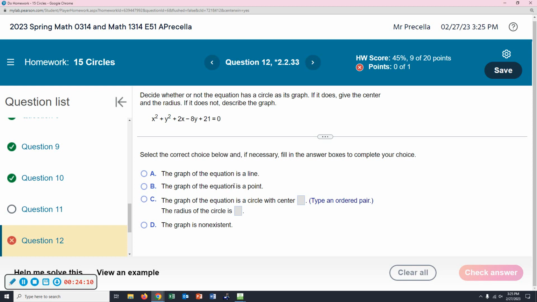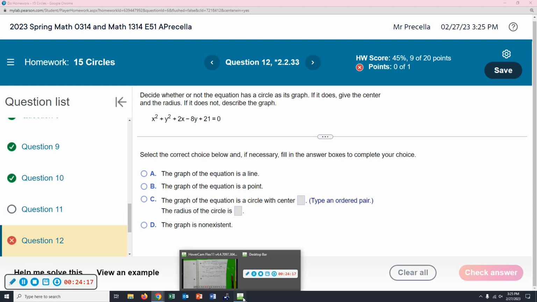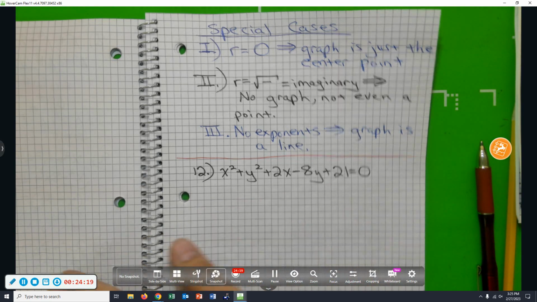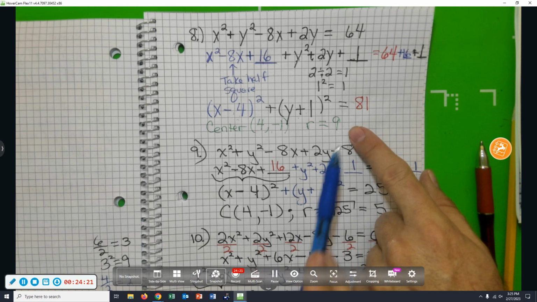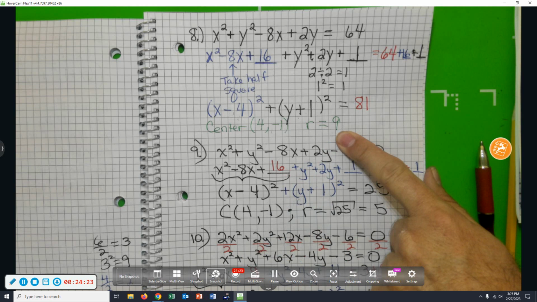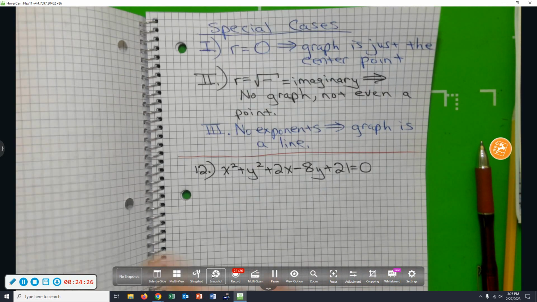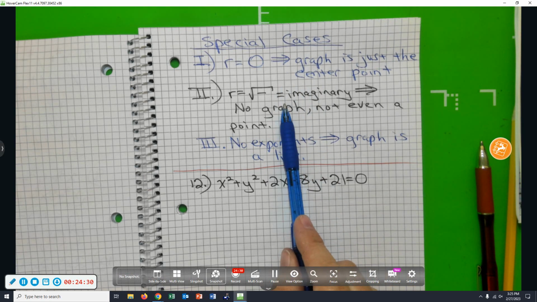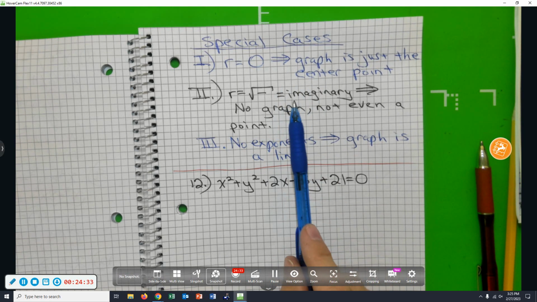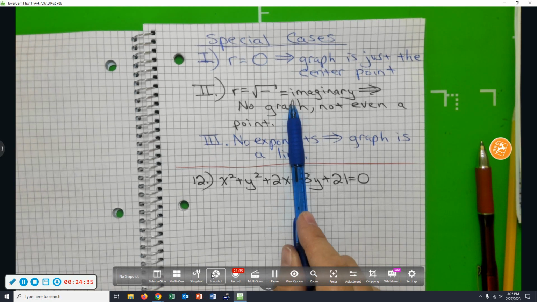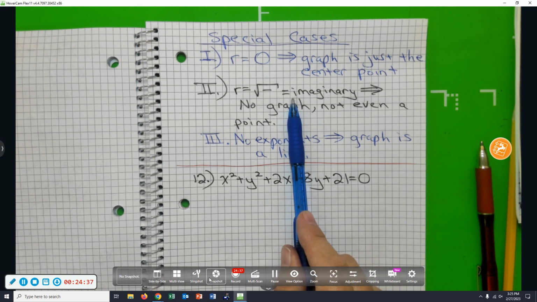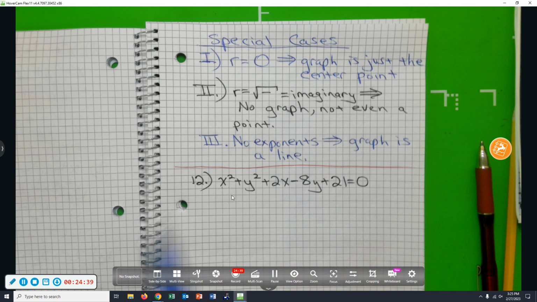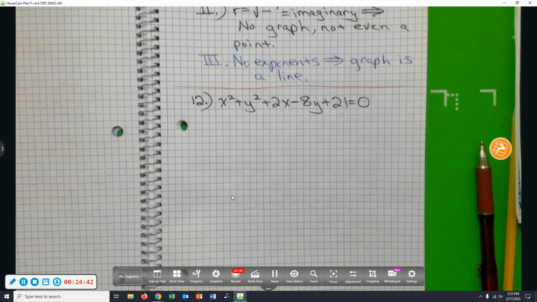But to find out if it's a point, or a circle with a center and radius, or non-existent, you've got to go all the way through the work until you get to that last step of finding the radius. If that radius turns out to be 0, it's just a point. If the radius turns out to be imaginary, it's a non-existent graph, which they say to be fancy. I think they should just say there's no graph.